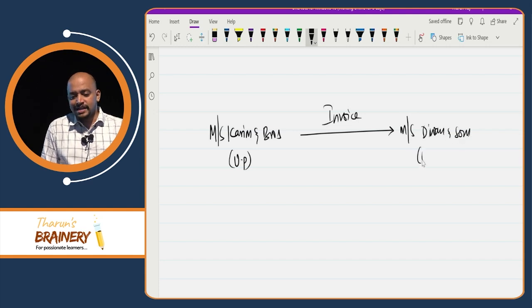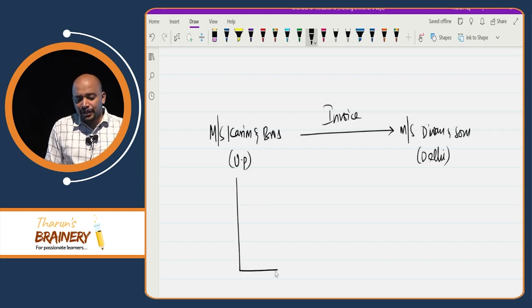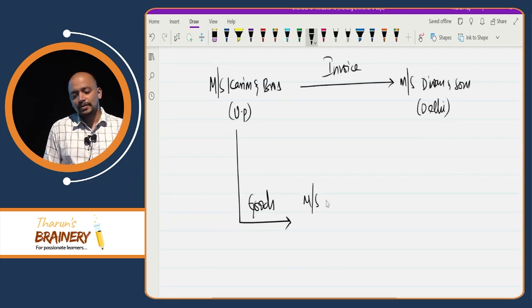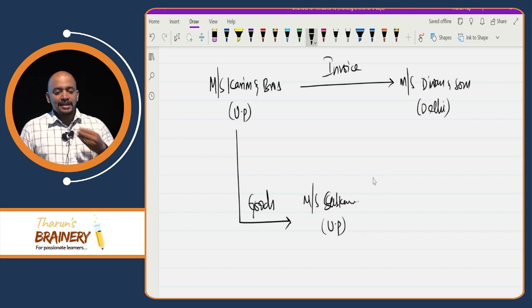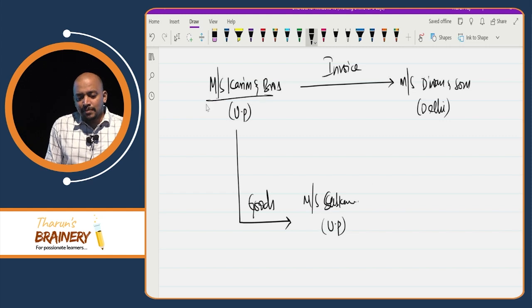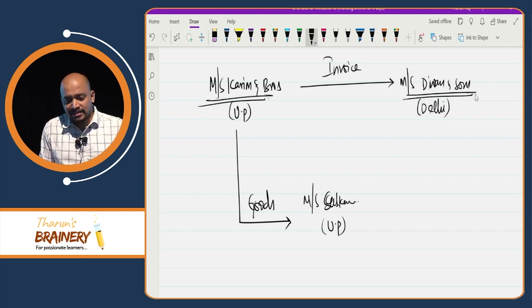Diwan and Sons, Delhi, correct? And goods are delivered to Shubkamna Sales, that is again Uttar Pradesh, correct? Now, in this case, supply number 1 is between Karim Brothers and Diwan and Sons. That is supply number 1, correct?